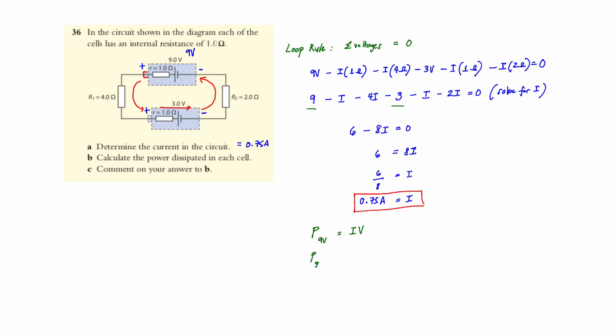Therefore, the power at 9 volts would be 0.75 amperes multiplied by the voltage, which is 9 volts, and that is 3/4 of 9, which is 9 times 0.75, that is 6.75 ampere volts, that is watts.